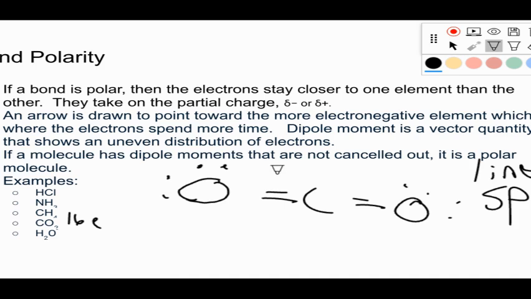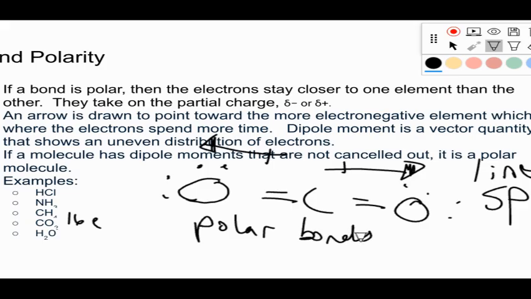Now let's look at the polarity. If we are looking at the periodic table, carbon is to the left of oxygen, which means carbon is less electronegative. So in this, oxygen and oxygen are going to pull the electrons away from carbon. These are considered to be polar bonds.